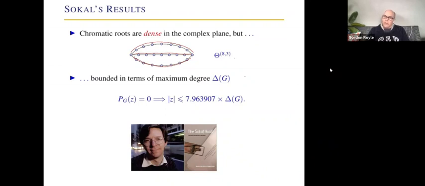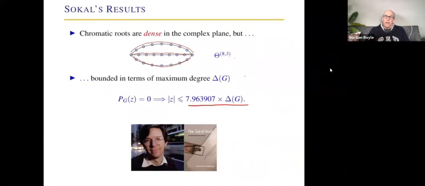He also showed that if you restrict the maximum degree of your graph, then the chromatic roots are bounded. In particular, he showed that if you take a circle of radius about 8 times the maximum degree, then all of your chromatic roots must lie in there.